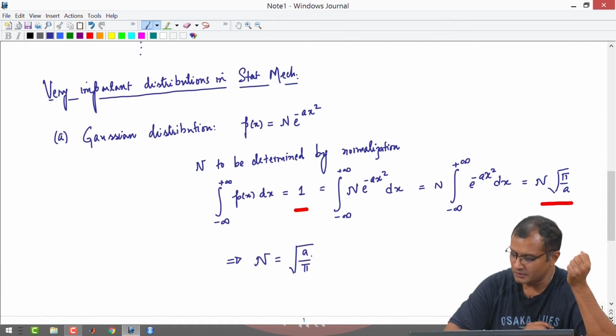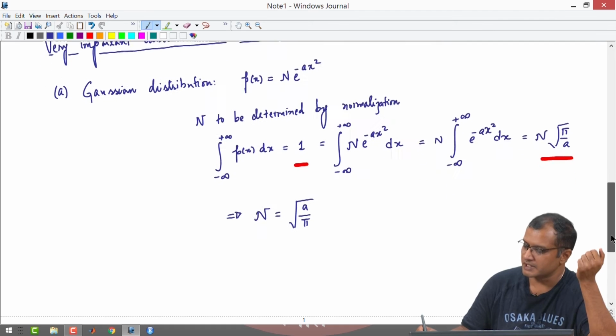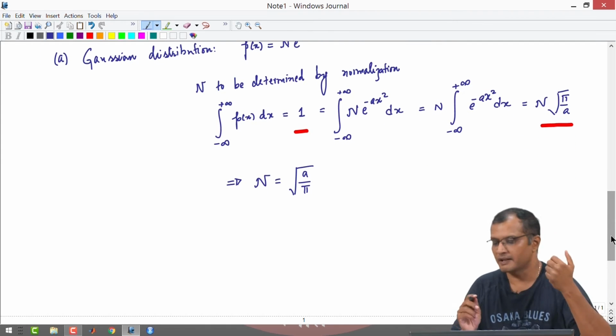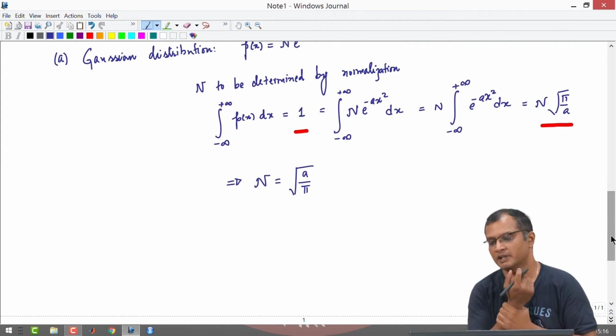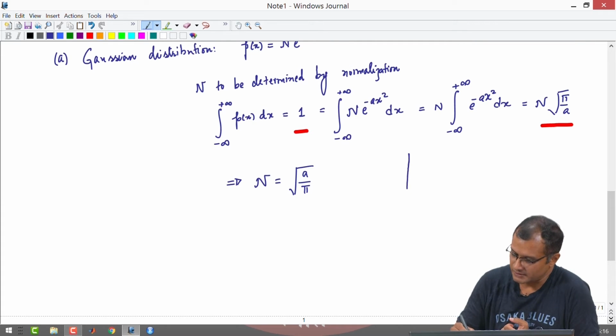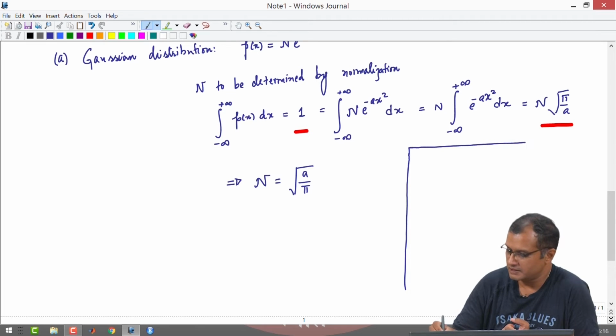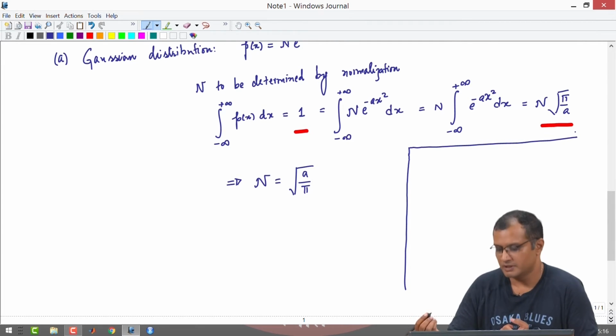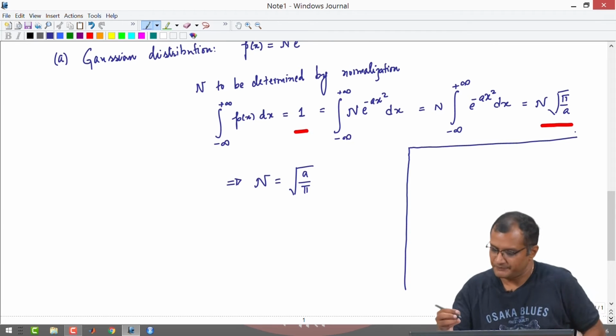Okay. Now, if you do not recall your Gaussian integral and you are wondering how I wrote square root pi by a for the integral of e raised to minus a x square dx, this is a very simple calculation. This is just for those who do not remember this result.